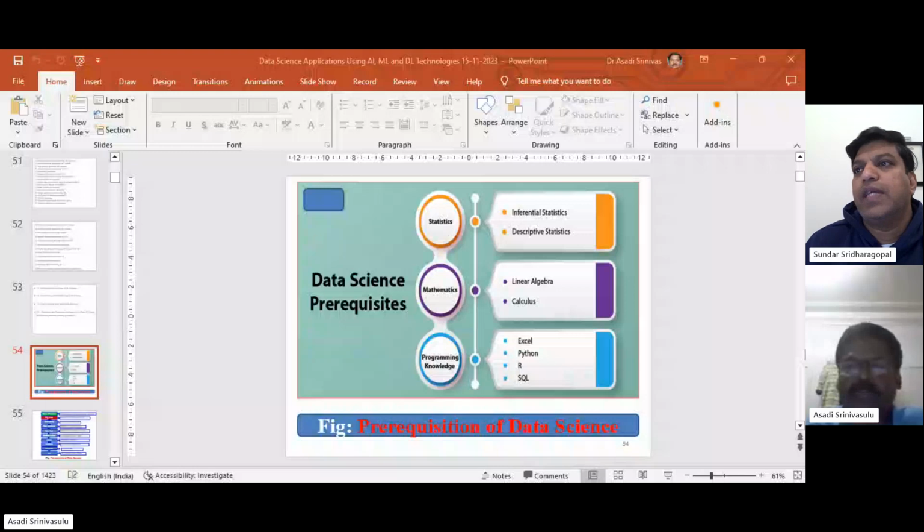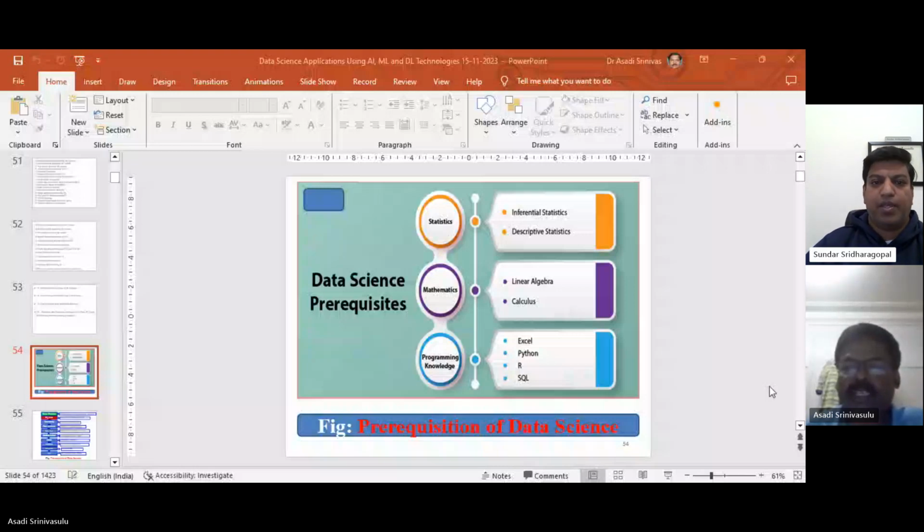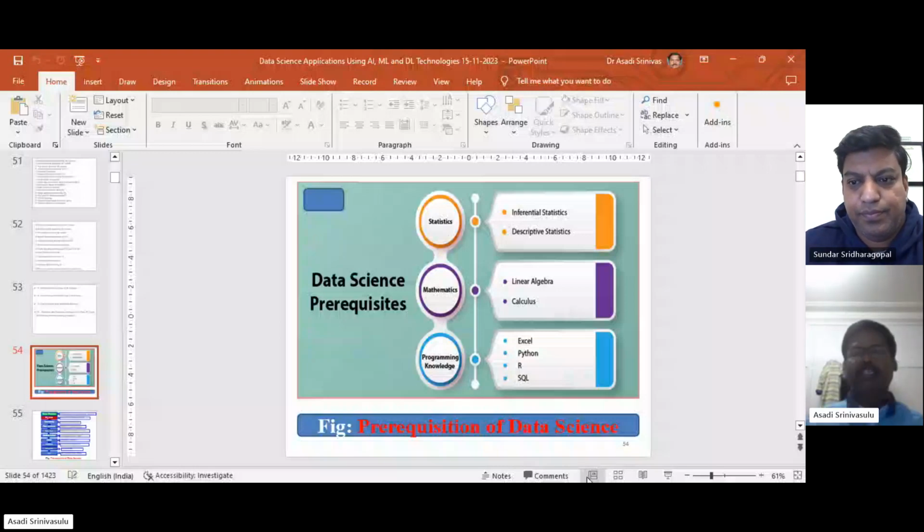Window is there; Skype window that I have to select? Oh no, not the Skype window. The data science presentation is there on the right side. Can I select that one? Now it is coming, my screen is coming. Yes, now my screen is clear. Yeah, perfect.